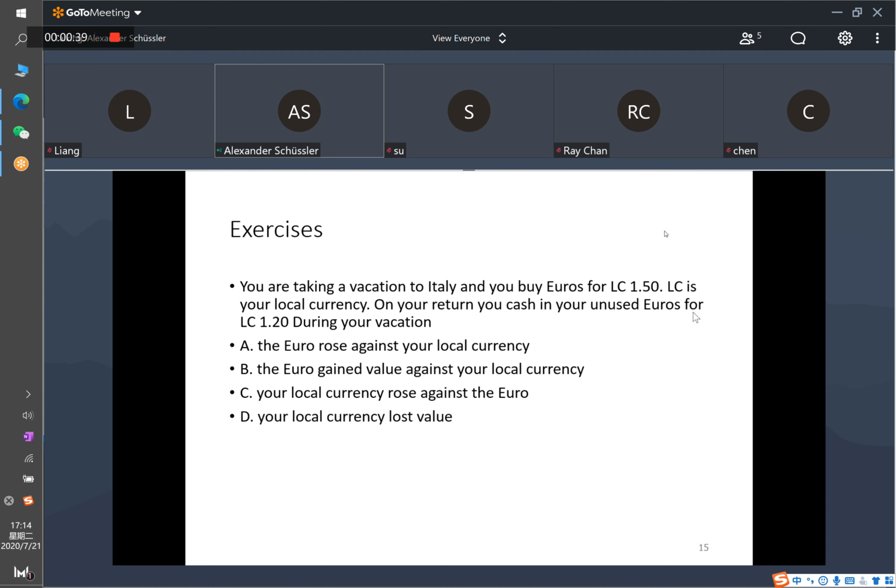During your vacation, the euro rose against your local currency. The euro gained value against your local currency. Your local currency rose against the euro, or your local currency lost value. What do you think is correct and why?